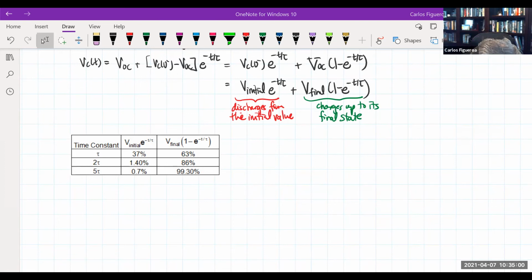So let's plot this thing. The only thing that we know right now is that the maximum voltage that the system can have is going to be the source voltage.